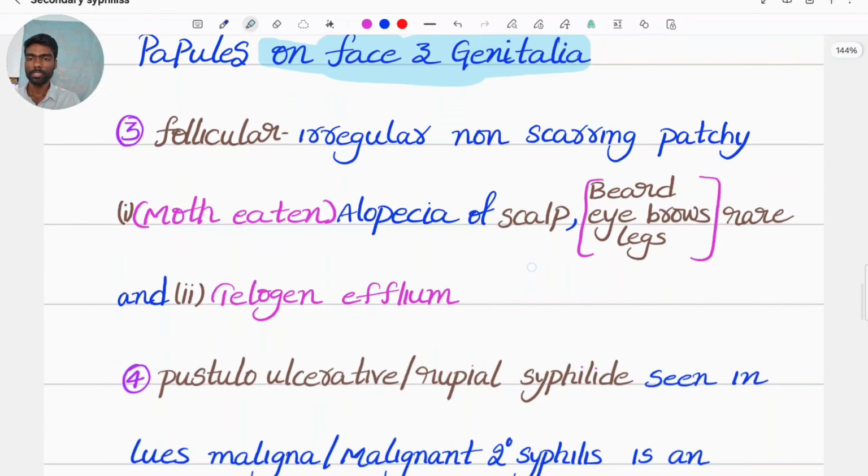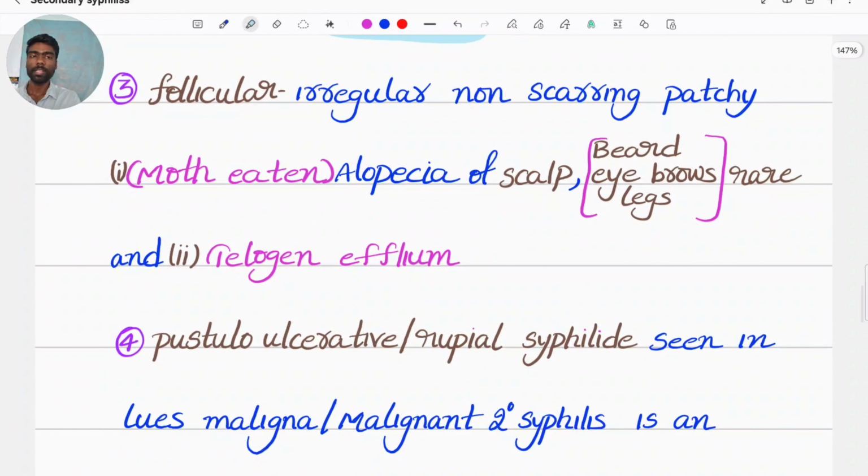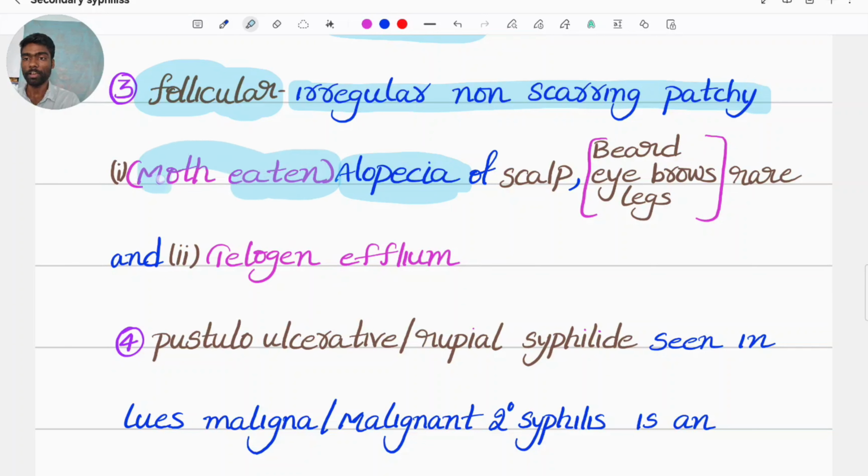Coming to the next, follicular syphilide. Here, if the secondary syphilis rash is follicular, it will be mostly around the hair. On the scalp, there will be two types of hair loss: irregular, non-scarring, patchy alopecia, called moth-eaten alopecia, the first type of hair loss.